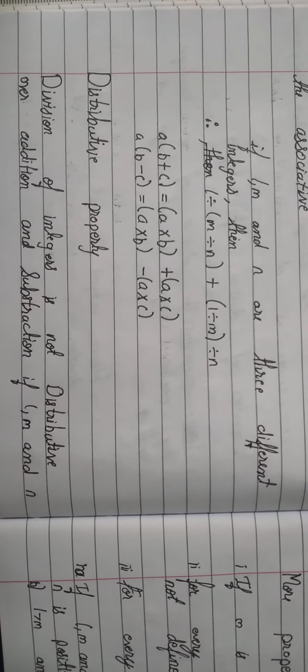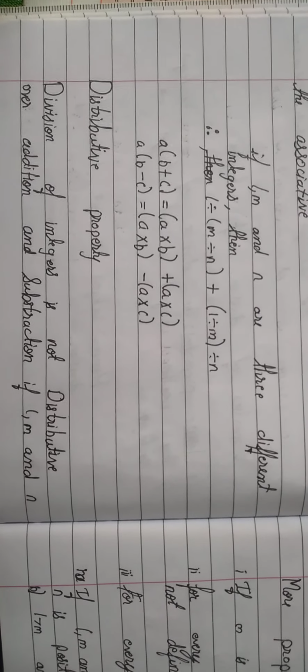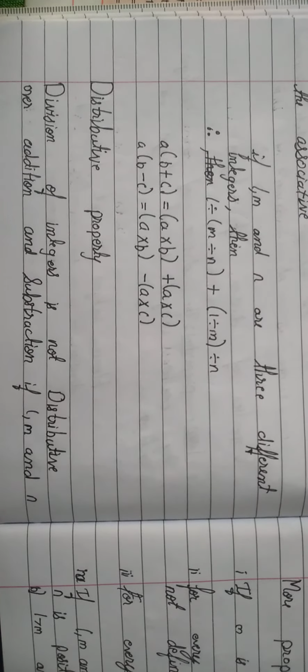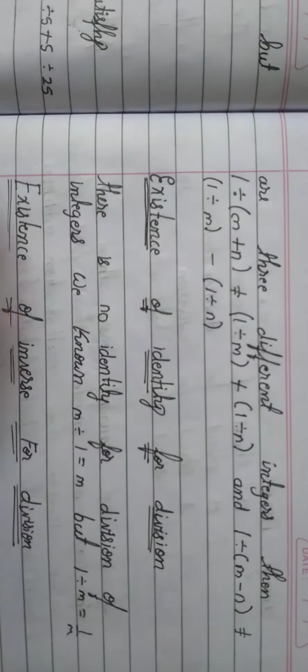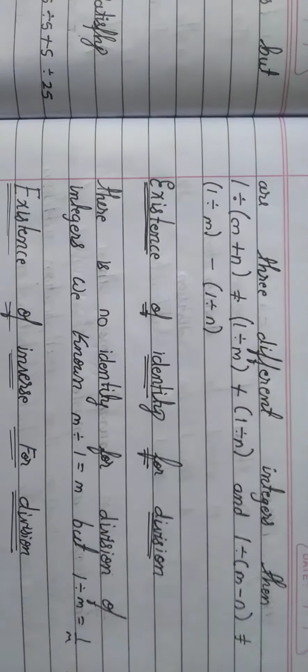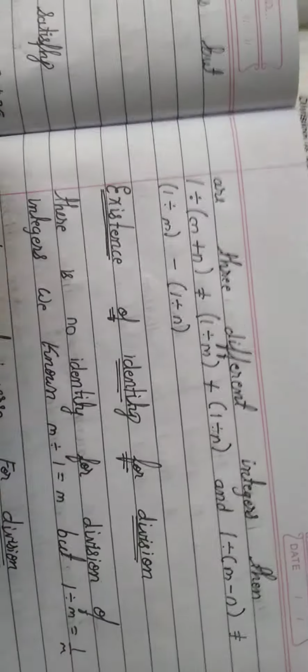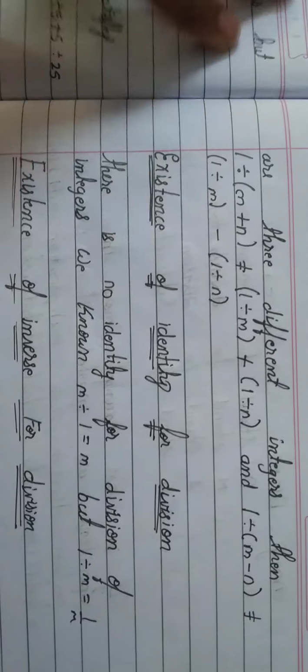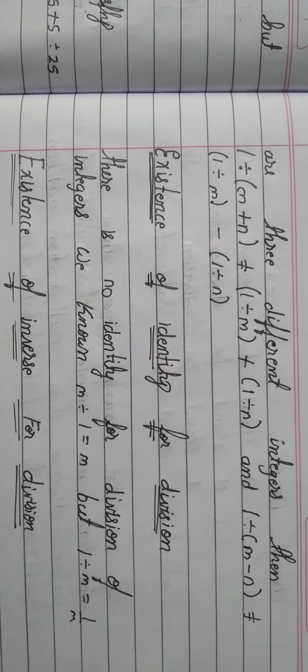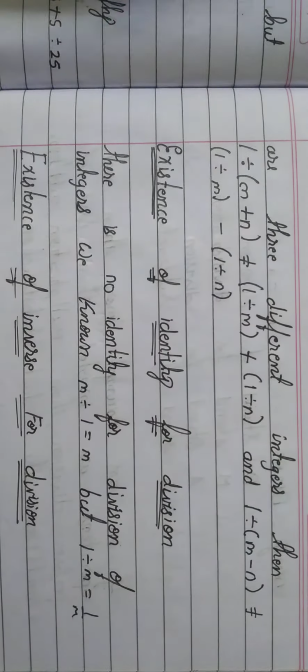Division of integers is not distributive over addition and subtraction, if L, M and N are three different integers. Not all are the same, right? When all are the same, division of integers is not distributive over addition and subtraction.